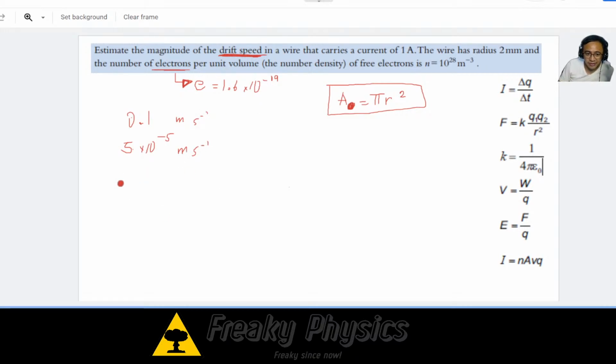Now let's take a look at the equation. The current will be equal to N A V Q, right? We're looking for V, so V will be equal to I over N A Q. What's our current? 1 amp. So just 1. Our N is given, 10 to the 28.